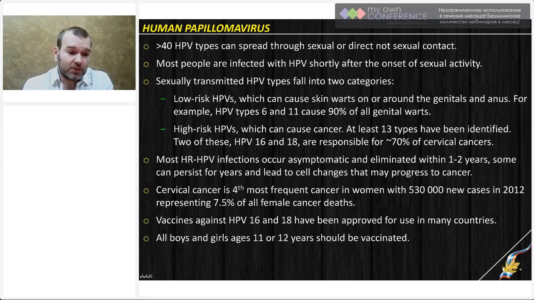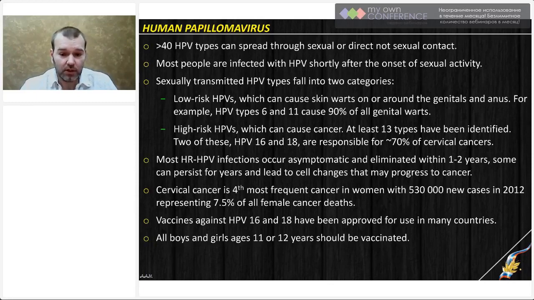But in some cases, those viruses can persist for years, and that chronic infection of our own cells can damage cellular genes and alter the genome, and those cells will progress to cancer cells. In general, cervical cancer is in the top 5 of the most frequent cancer diseases in women.